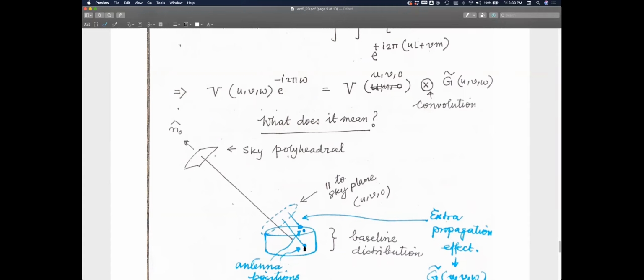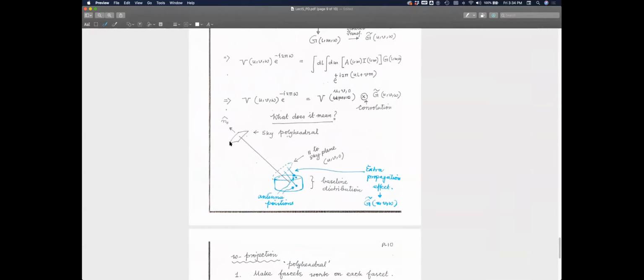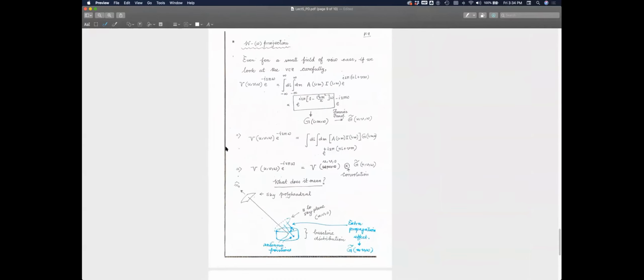So what I can do is, this has become a plane. Now from all the measurements in this box, I can propagate them back or project them into this plane, which is parallel to the sky. And now between this plane and that plane, I have a perfect Fourier transform relation. In this plane I have the visibilities, and in that plane I have I(l, m). So that is essentially the idea of w projection.